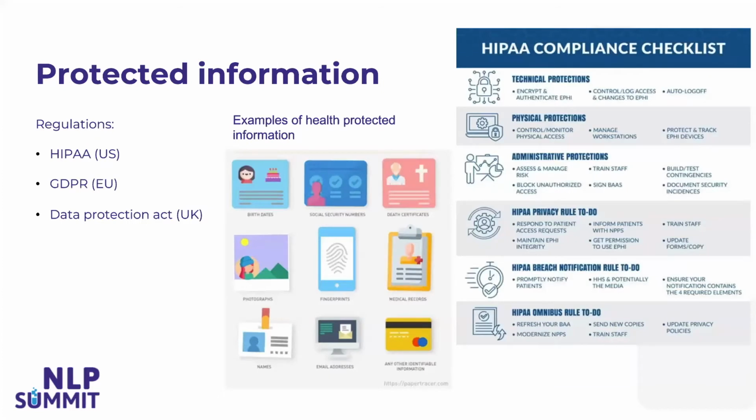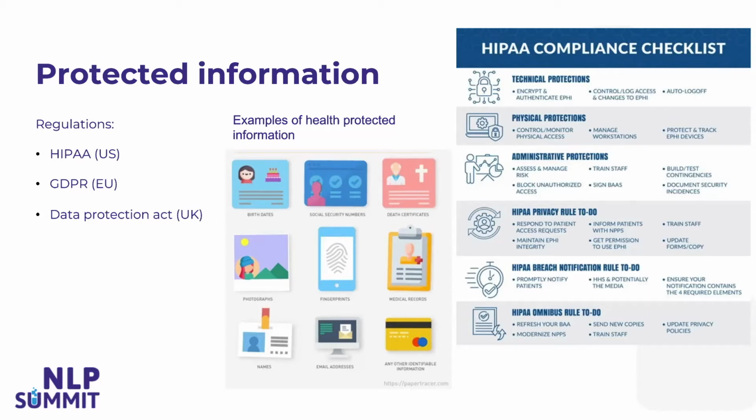So what exactly is the protected information? There are a few compliances we have. One is in the US, which is called HIPAA compliance, which includes a lot of different data sources and the procedures to protect private data. What we are mostly concerned with here is encryption and authentication. So it's technical protection of information stored in a database.